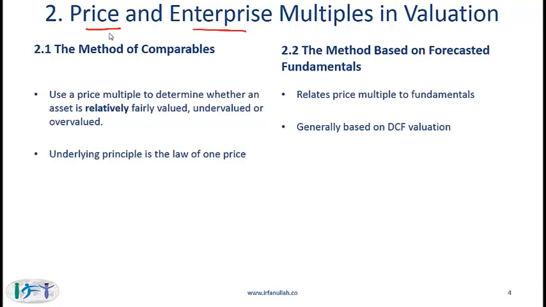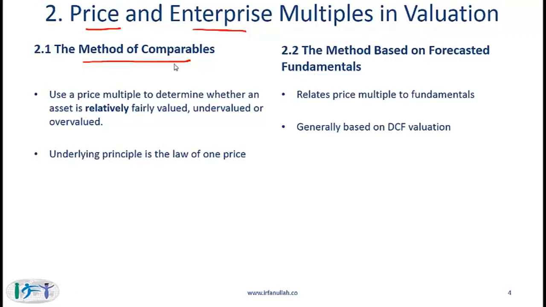Just a few high-level remarks on price and enterprise multiples in valuation. Broadly speaking, we will be talking about two types of methods: the method of comparables and the method based on forecasted fundamentals.